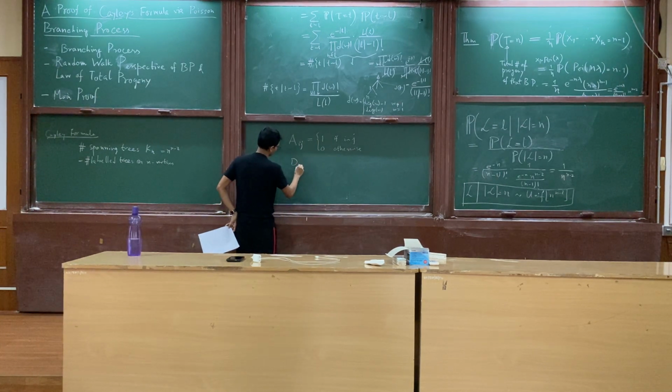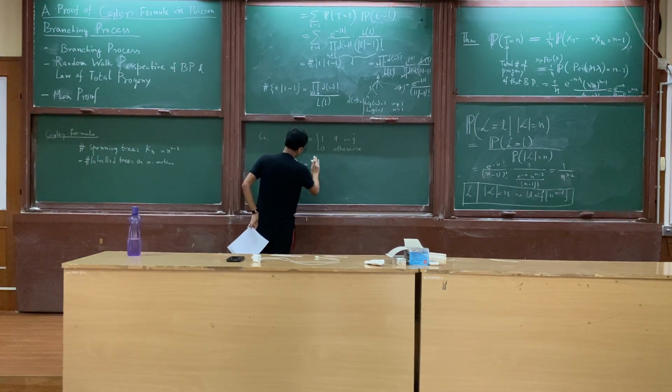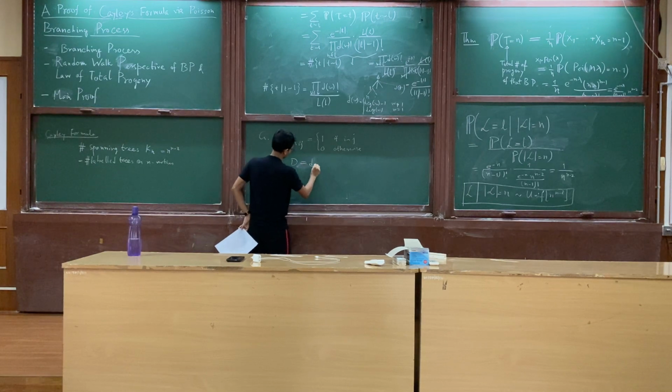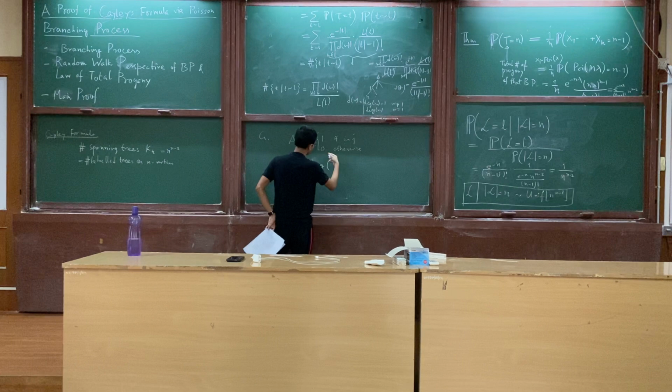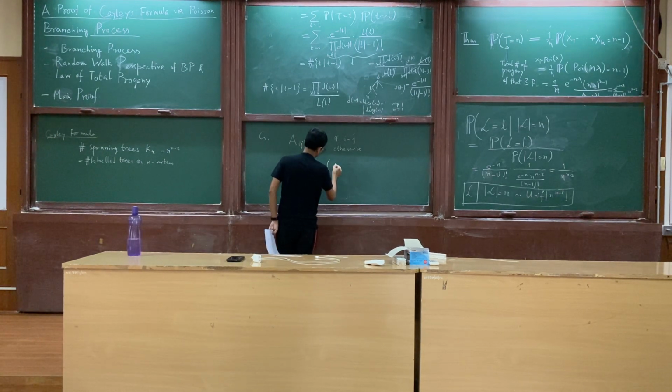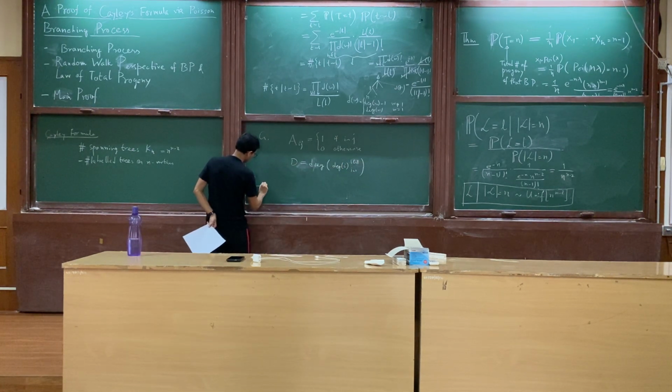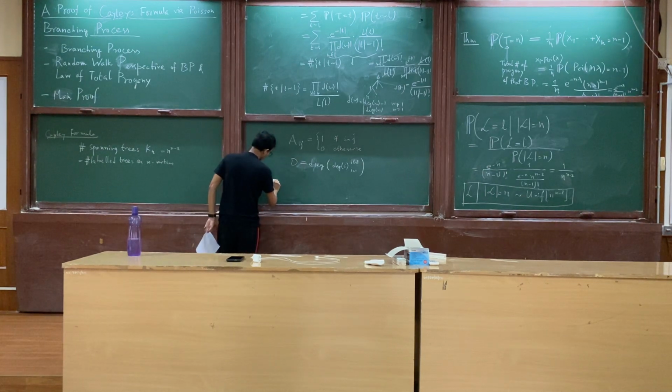And D_ij to be its degree sequence, the diagonal matrix with the degrees of all the vertices of G, degree of i, let's say i equal to 1 to n. And take this matrix L to be D minus A.